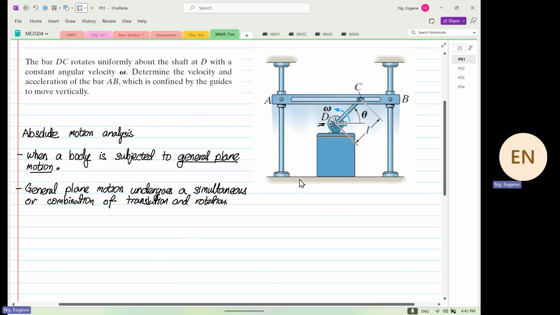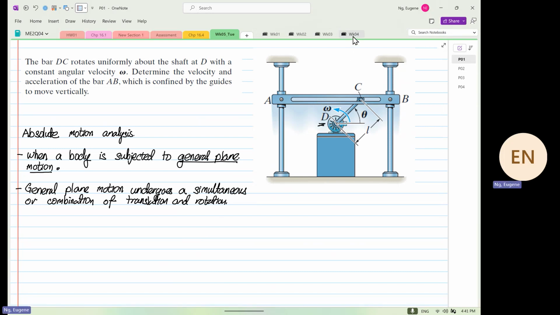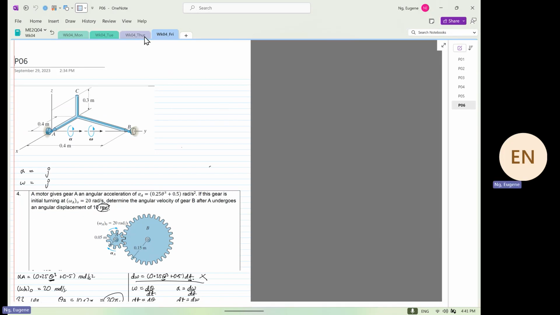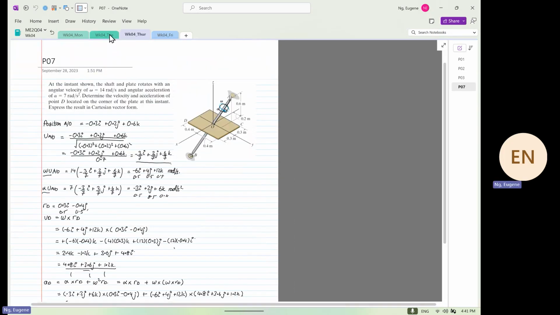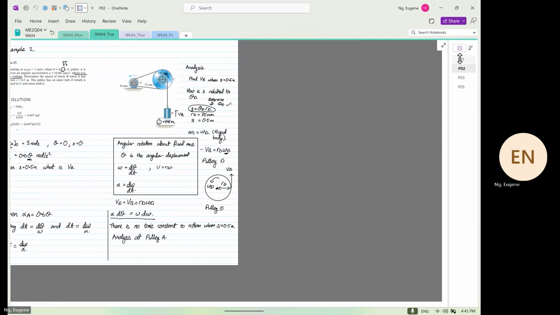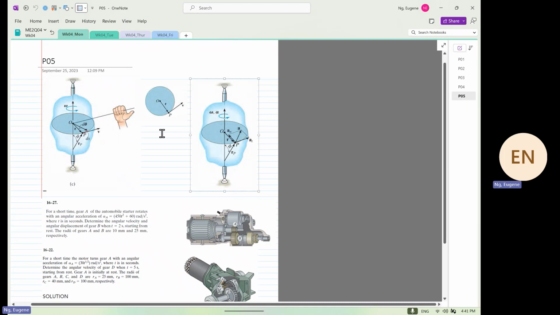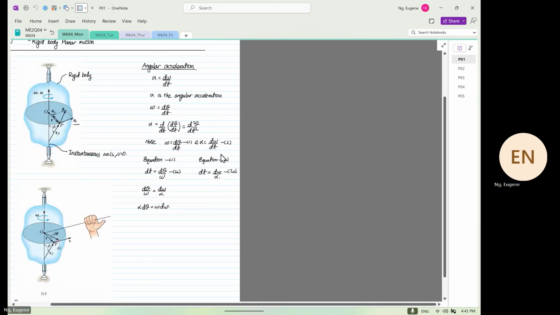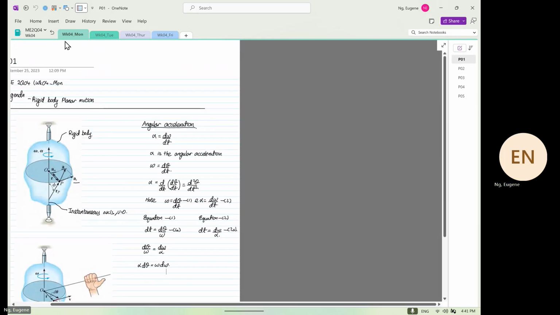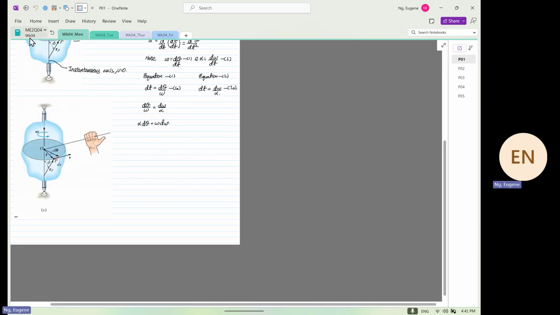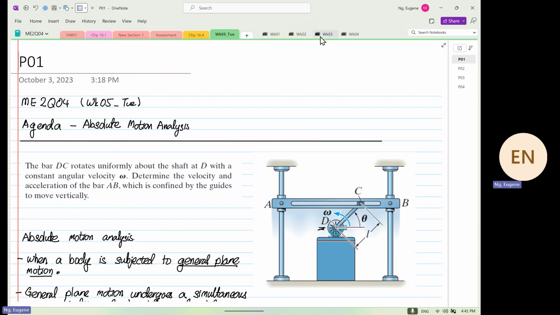If you look at the notes in, I think, week 4, I can be wrong. Is it week 4? Yeah, I think it's this one. No, maybe week 3.